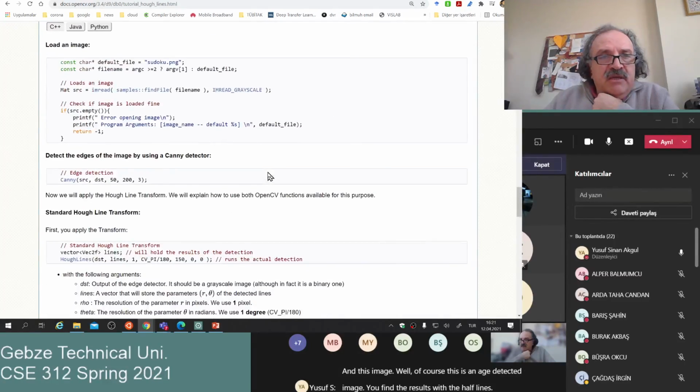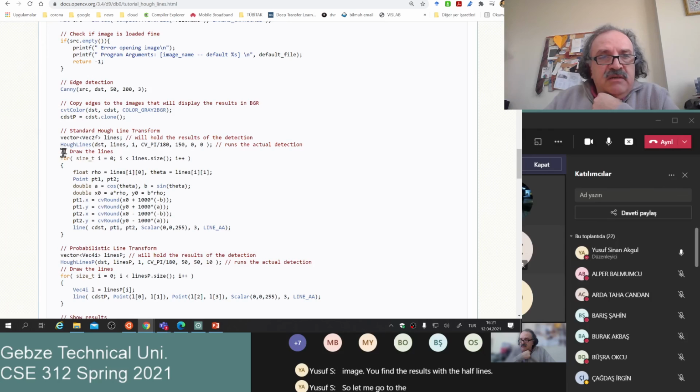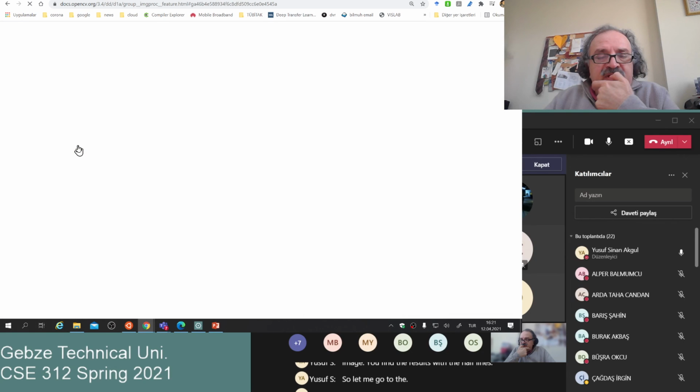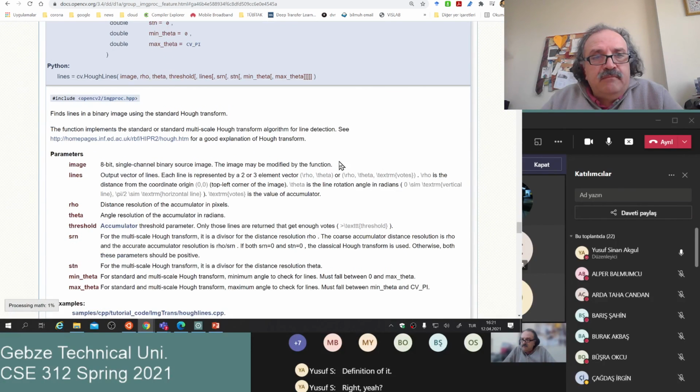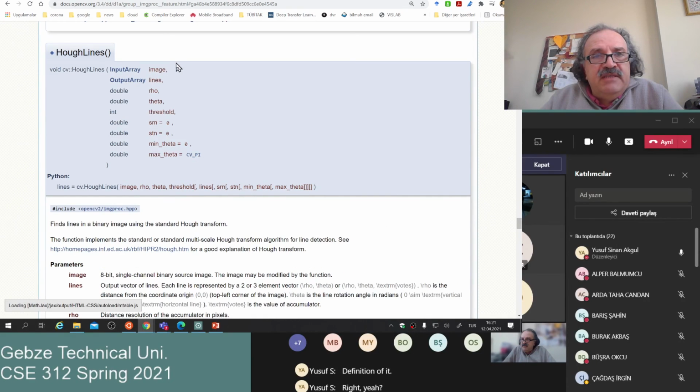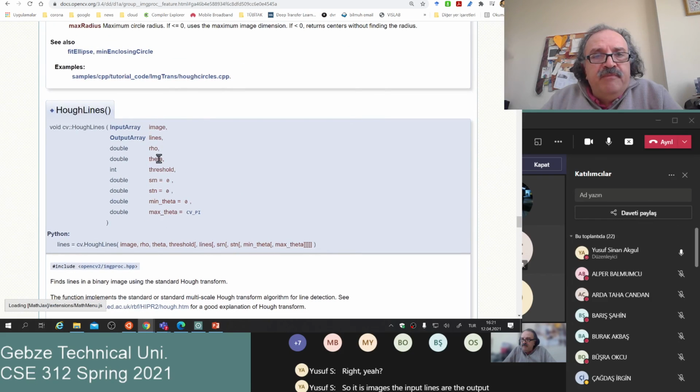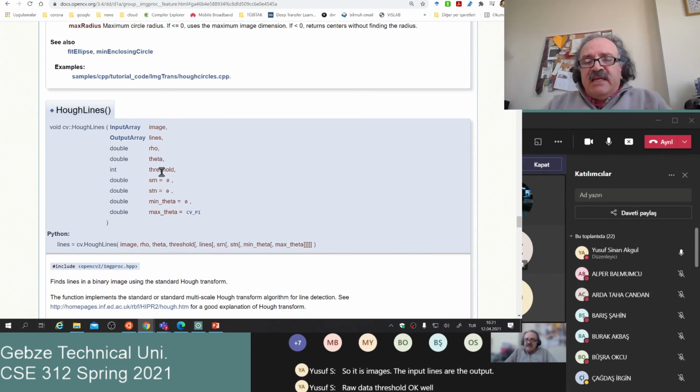So let me go to the definition of it, if I can. The image is the input, lines are the output. Rho, theta, threshold. Okay, well, I didn't give you the exact algorithm yet.